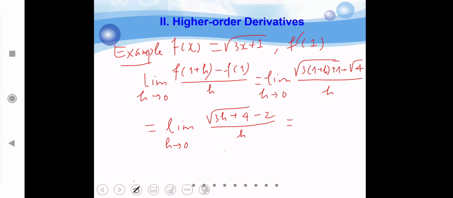Okay. Now you need to calculate this limit. This limit has indeterminate form 0 over 0. Okay. We need to multiply both the numerator and denominator by the conjugate expression. That means we multiply by square root of 3h plus 4 plus 2. You write like this.